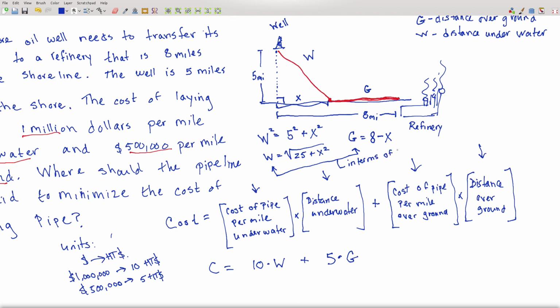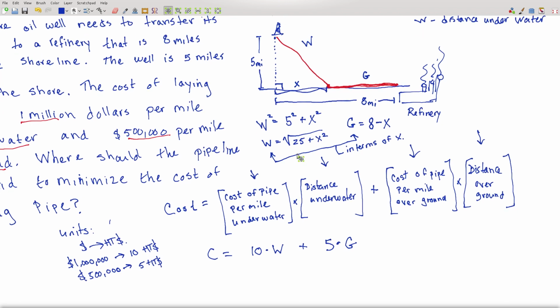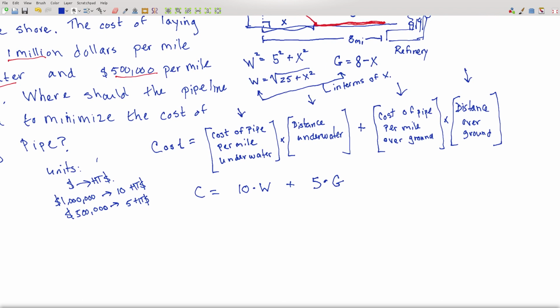Okay, the big idea here is that at some point when you're doing these problems, you need to write all of your symbols in terms of a common symbol, and in this case I'm using x. In fact, now I can rewrite the cost using those ideas.